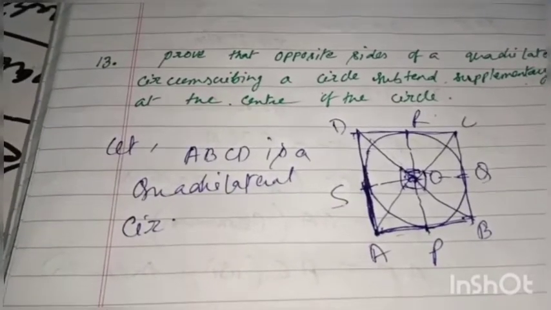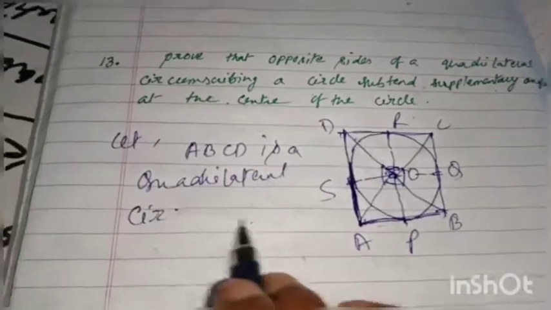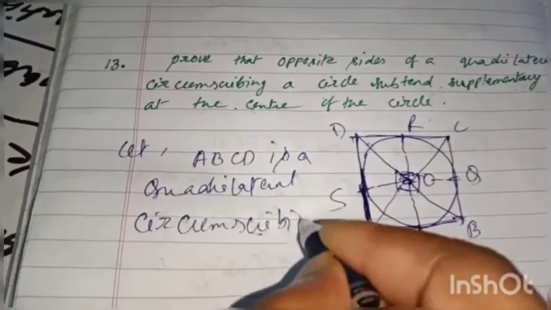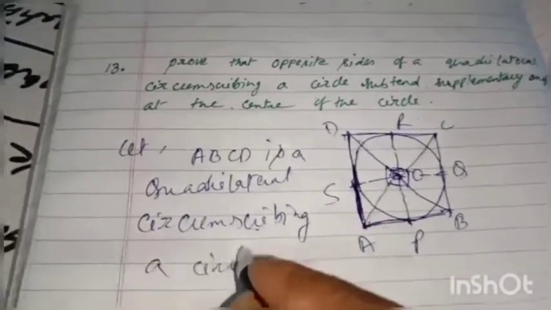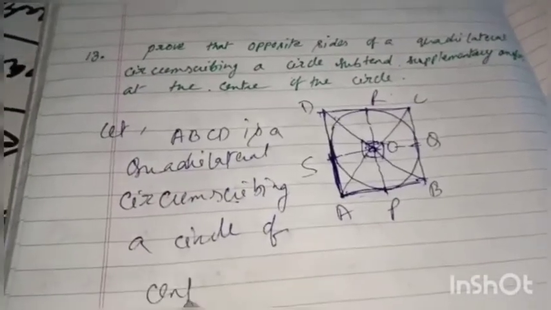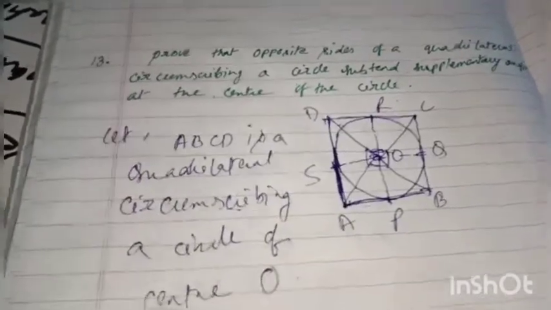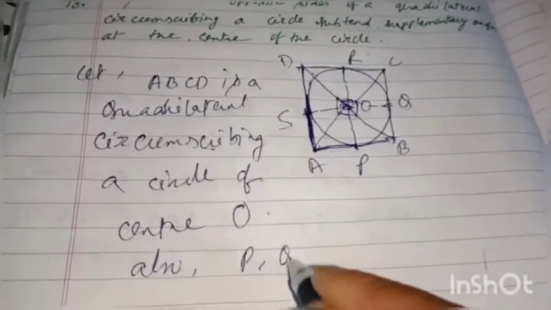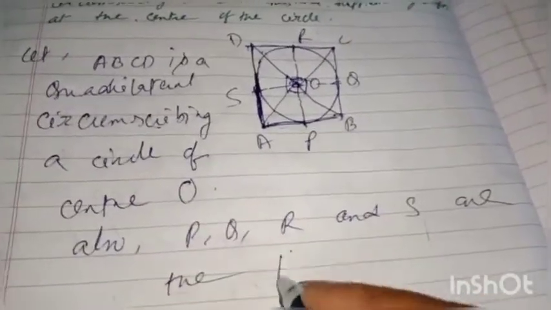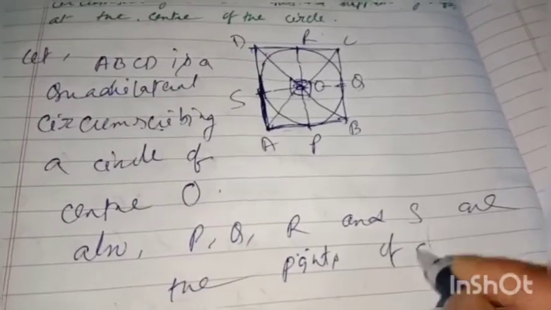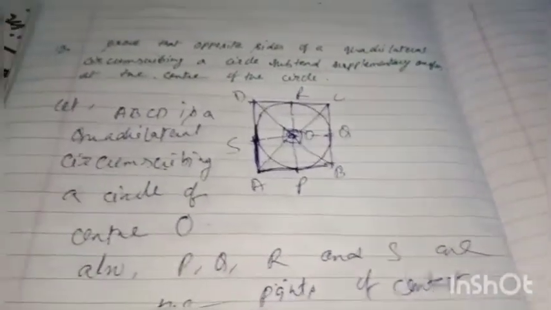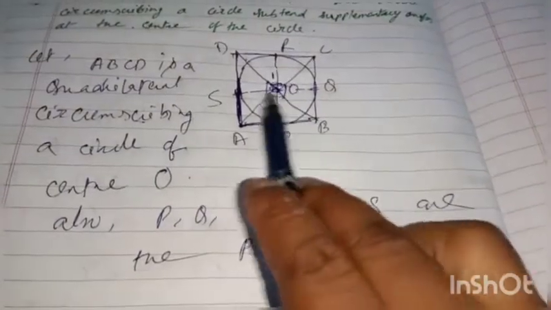You have to give a little explanation of the figure, then only you can start the sum. ABCD is a quadrilateral circumscribing a circle of center O. Also P, Q, R and S are the points of contact. Clear? Next, join OR, OS, OP and OQ.